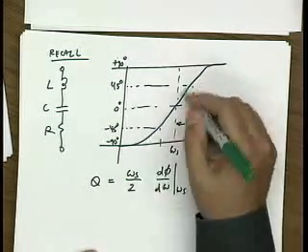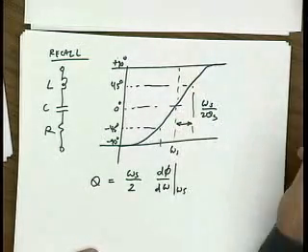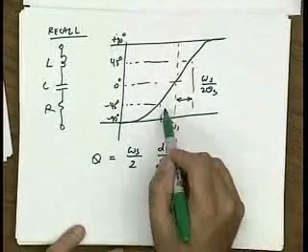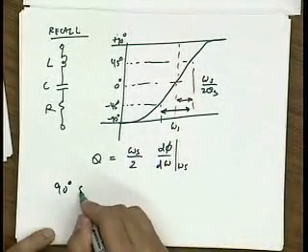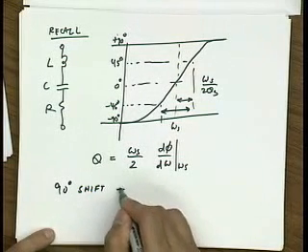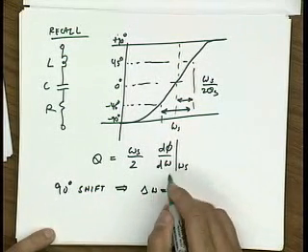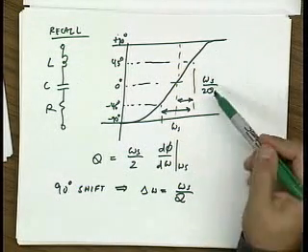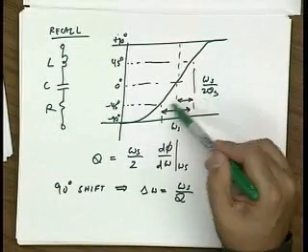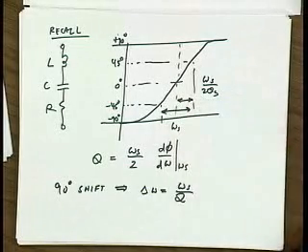So this slope determines how quickly this changes. That means a 90-degree phase shift corresponds to only shifting the frequency by omega s over Q, because this is 1/2 of that, and delta omega is twice that distance.